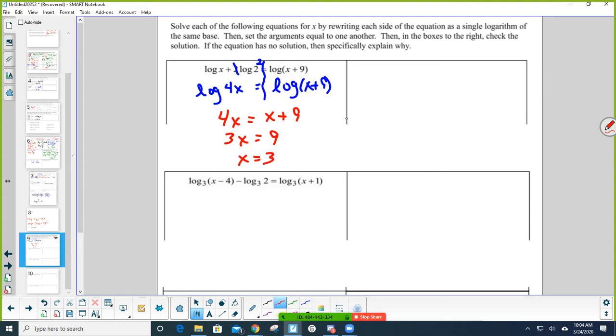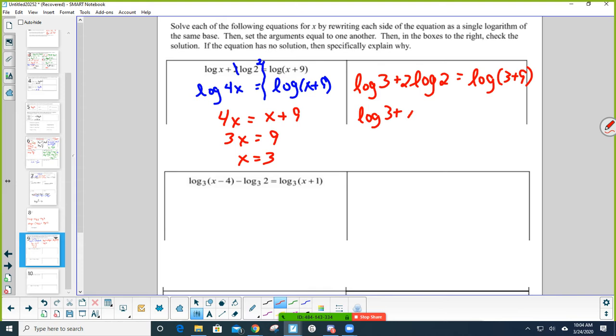It wants you to check it. So to check it, you're going to have to say log, and any place there's an x, you're going to put in a 3. Log 3 plus 2 log 2 equals log 3 plus 9. So log 3 is just log 3.